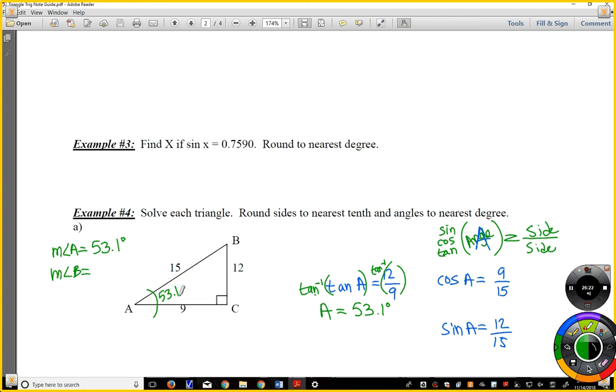So we'll add angle A and angle C together. And then because a triangle has to have 180 degrees, we'll just subtract those from 180 and we'll have what's left for angle B. Okay, so you don't have to use trig all the time. You have to use it till you have enough information to get what you need. Okay. So in that case, you should get that angle B is 36.9 degrees.